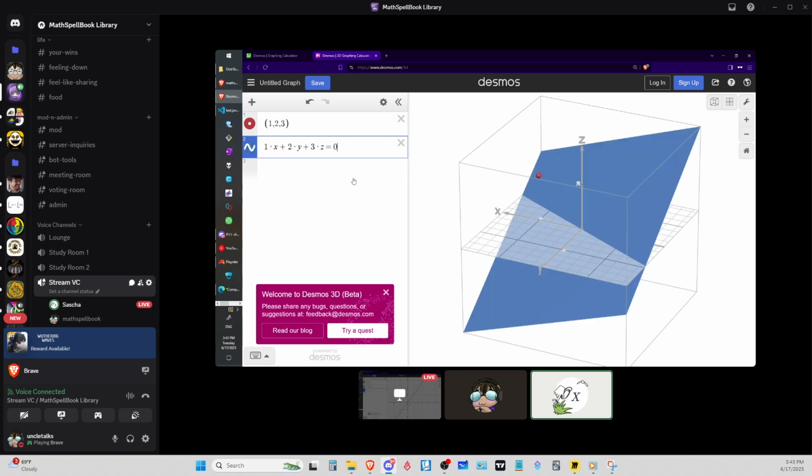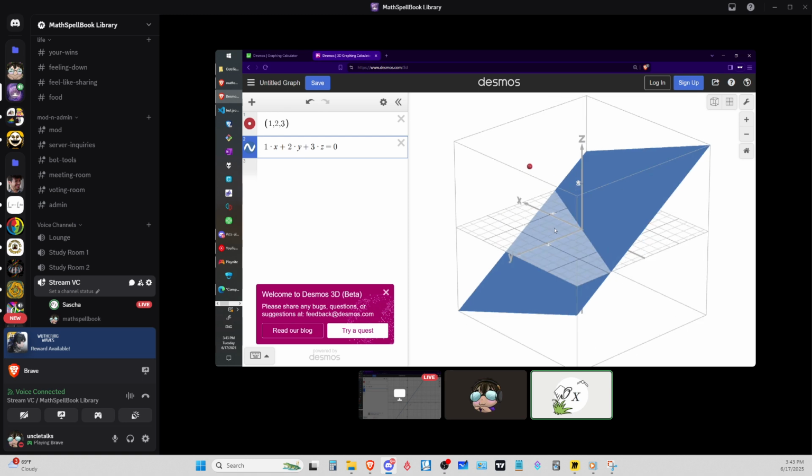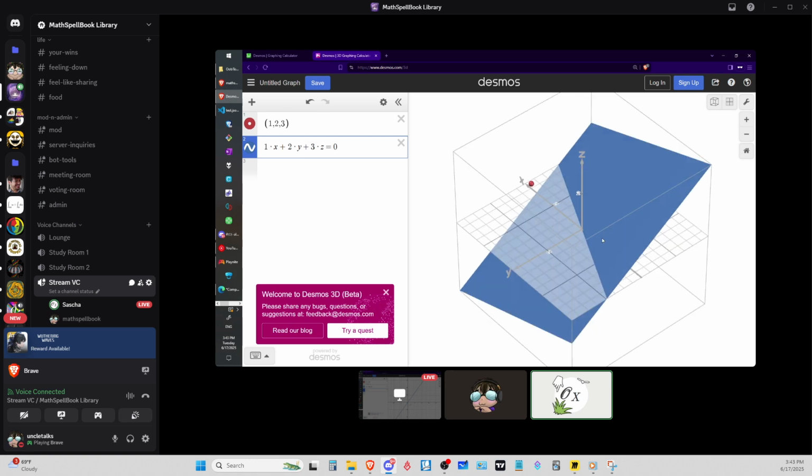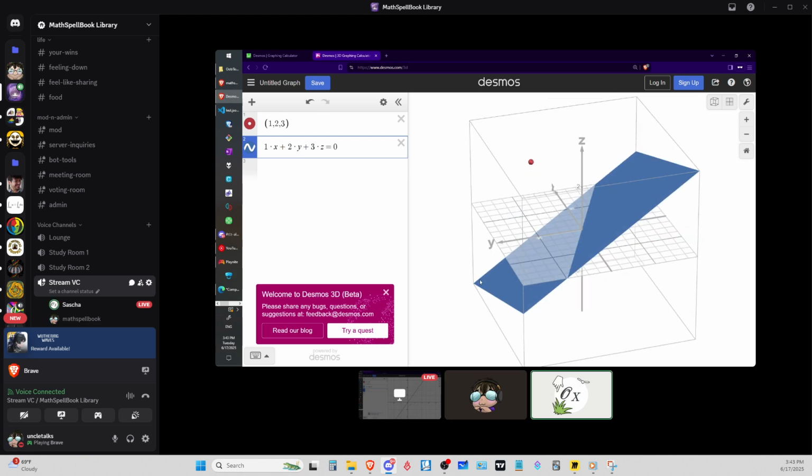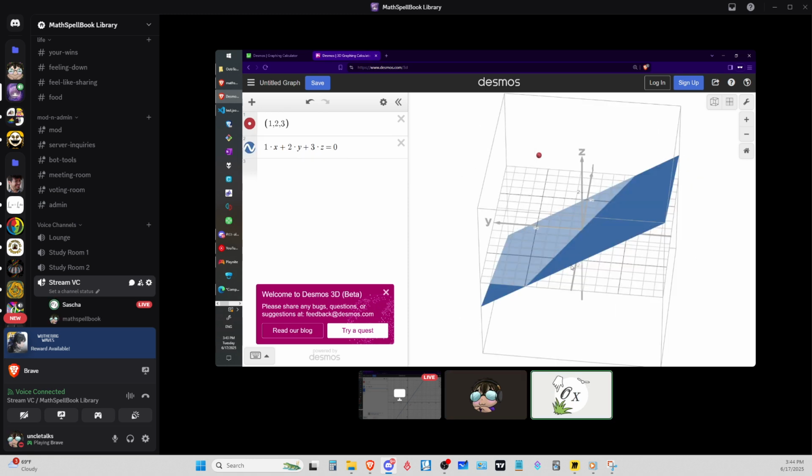That's the condition to be perpendicular. And when you do that in higher dimension, for example in 3D, you no longer get a line. You get an entire plane. So all the vectors you see in the blue plane are now perpendicular to the vector represented by the red point. Maybe you've seen that in geometry. What we could say is that the vector in red is normal to the plane.